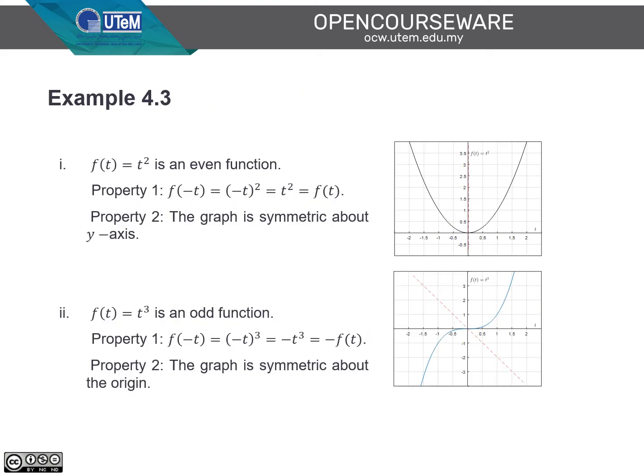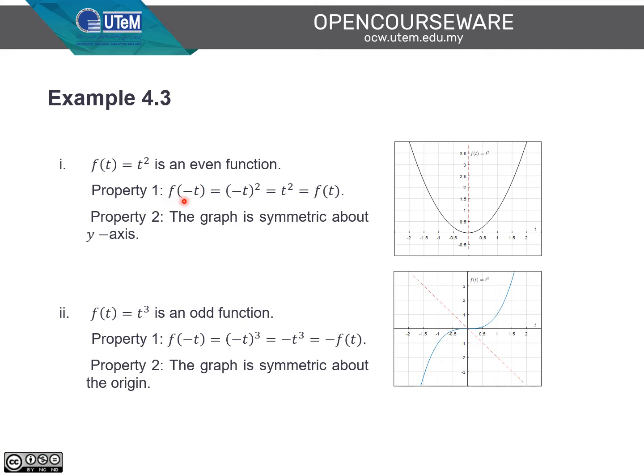Let's take a look at example 4.3. The first function is f(t) equals t squared. It is an even function. Let's check the properties of the function f(t).